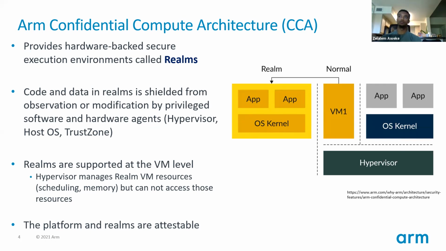What it does is it allows you to create virtual machines and execute them in hardware-backed secure execution environments called realms. Any code and data that's executing in realms is protected from observation or modification by privileged software such as hypervisor and host OS. So it provides both confidentiality and integrity protection.